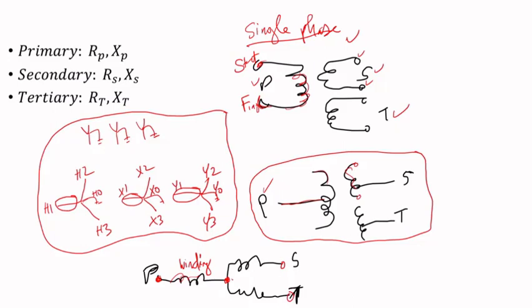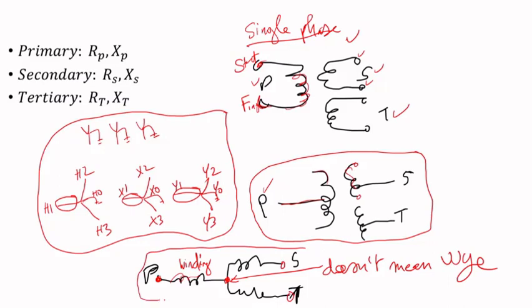But just remember, this doesn't mean this is a Y, because what I'm drawing here is per phase. I'm just showing one phase per winding, per side. Here's one phase of the primary, one phase of the secondary.